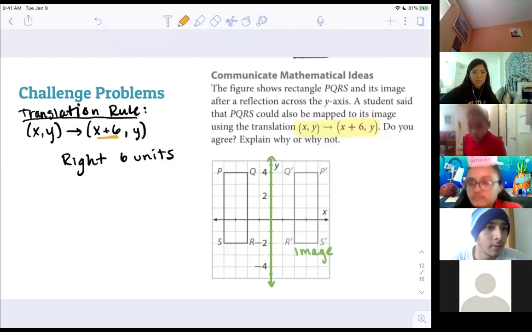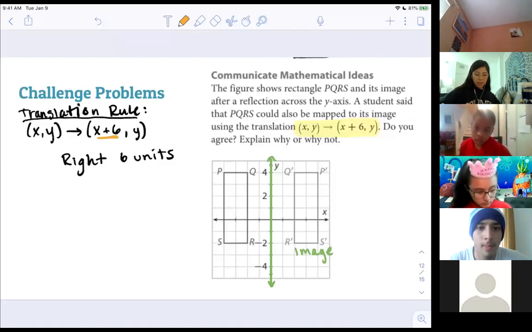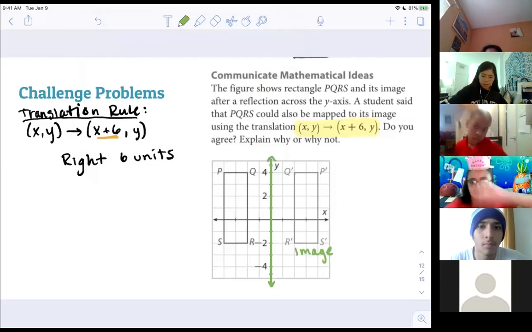I'm asking the same question that it wrote down. Do you think that if I did a translation instead of a reflection, I would get the same image? The image I have right here is a reflection.